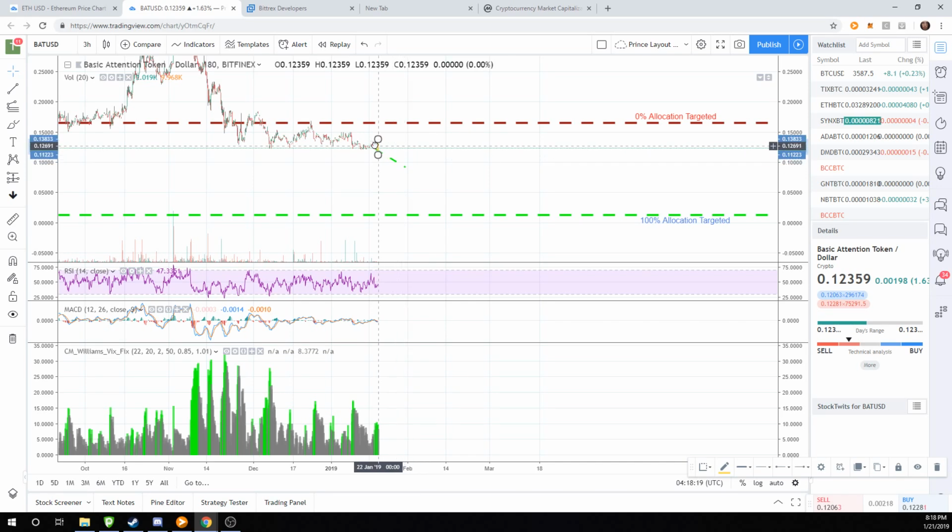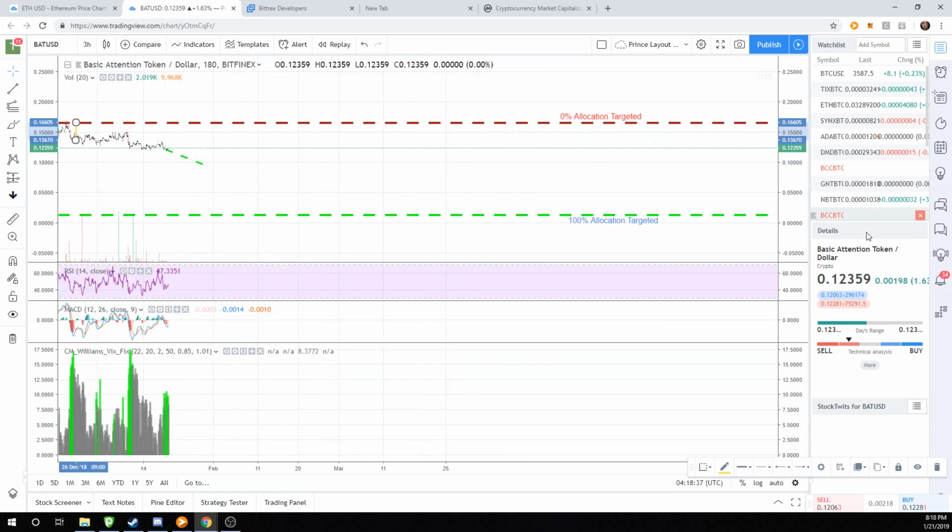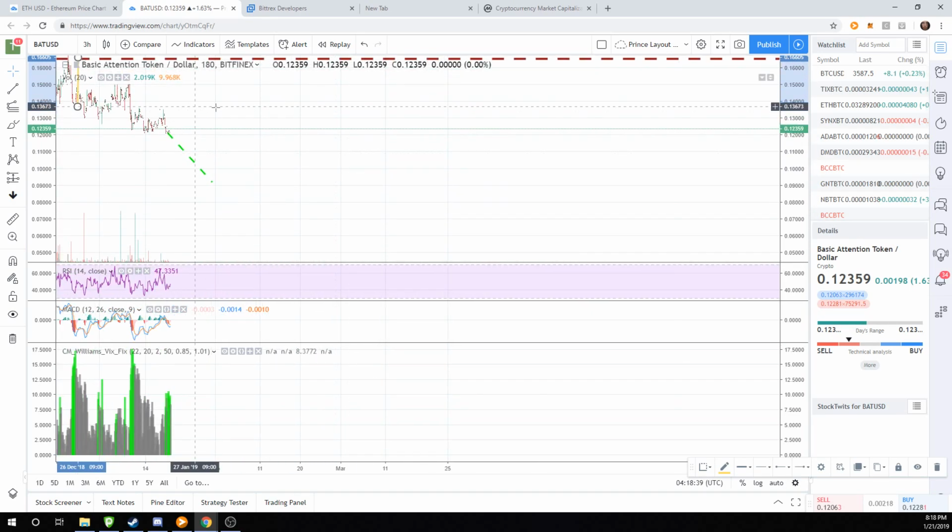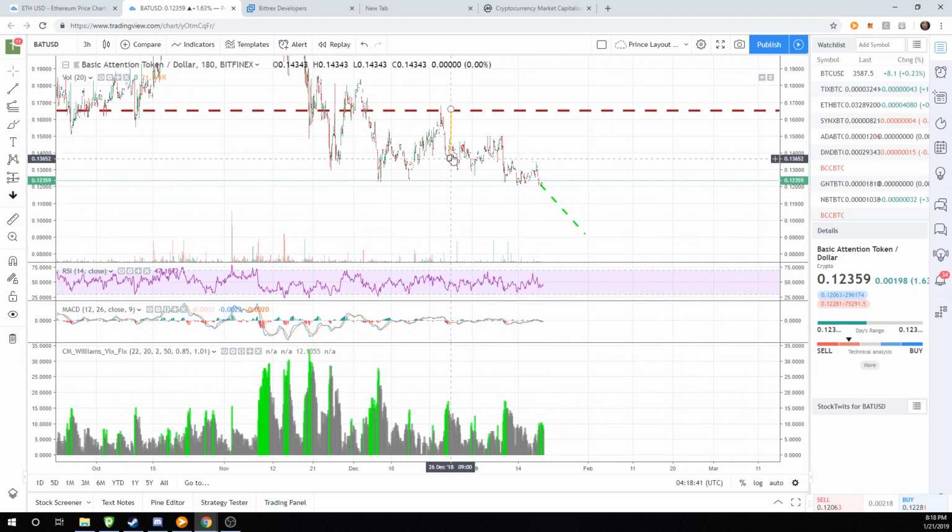What if it's time to buy? Okay. We've been doing a little bit of selling up here. And then the market comes down and it's time to buy. Market comes down and it says, well, let's do some buying.